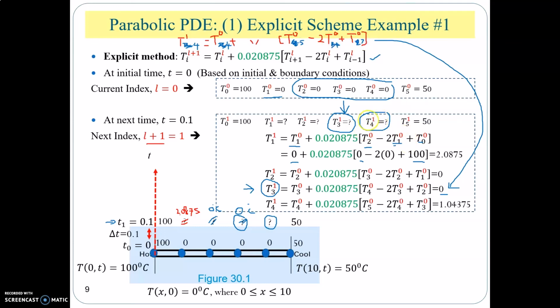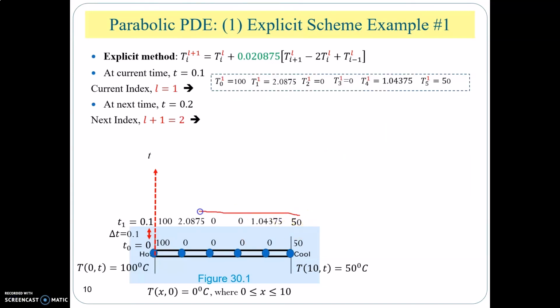So to get this answer, we need the information here, and you substitute inside this equation, you should be able to get the answer to be 1.04. So with that, we know the answer for this is 1.04. So we succeeded to find the temperature at T equal to 0.1, which is the current time here.